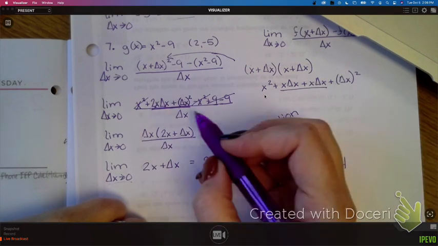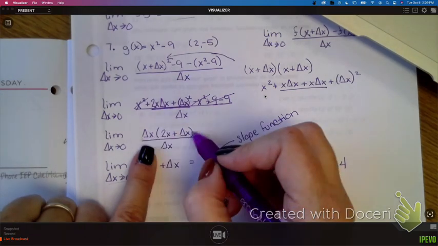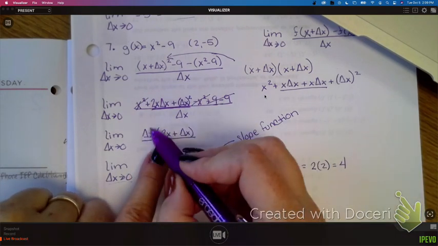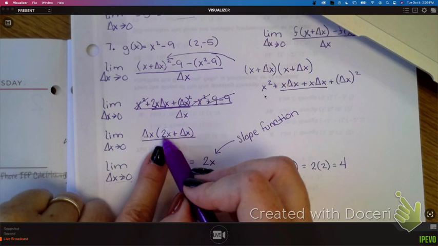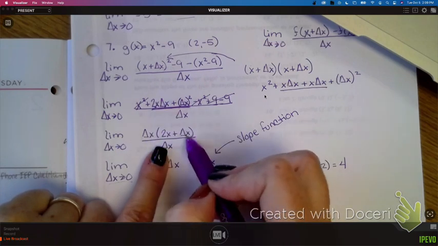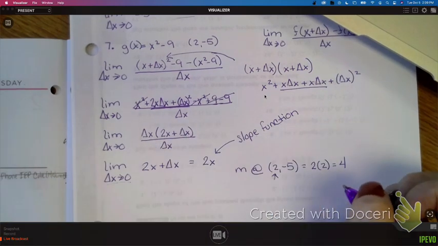I factored it out. If I foil this back, if I distribute, I would get 2x change of x and change of x squared. Isn't that what I started with? Yes.